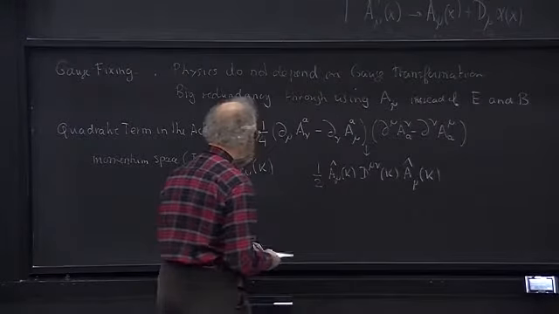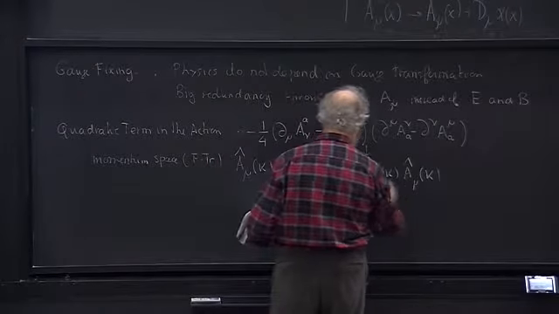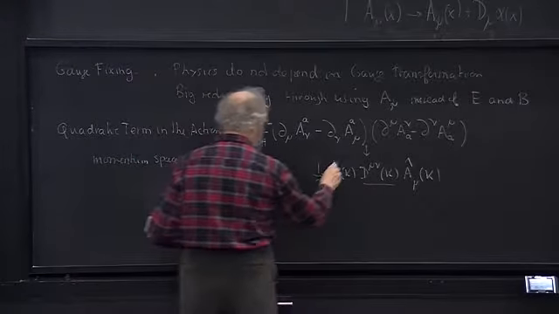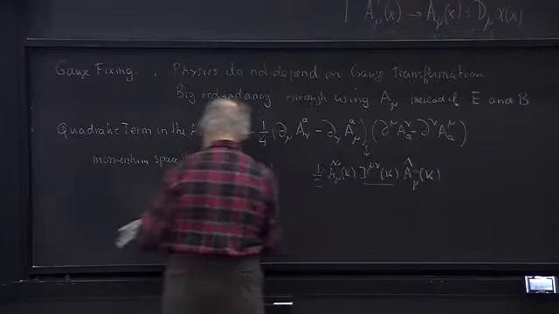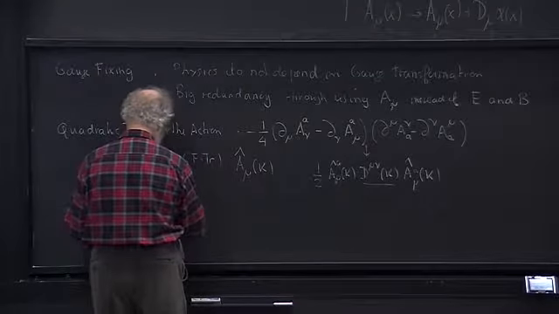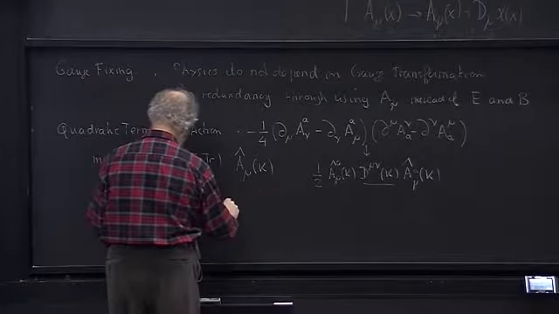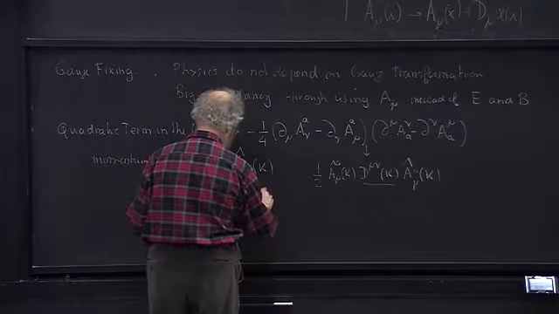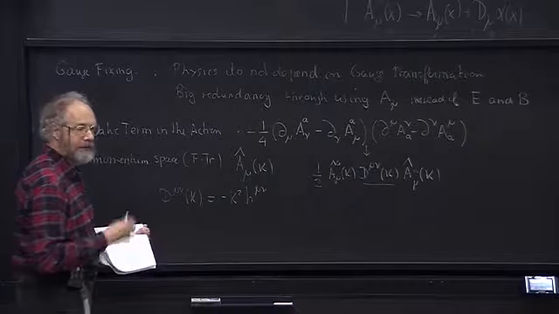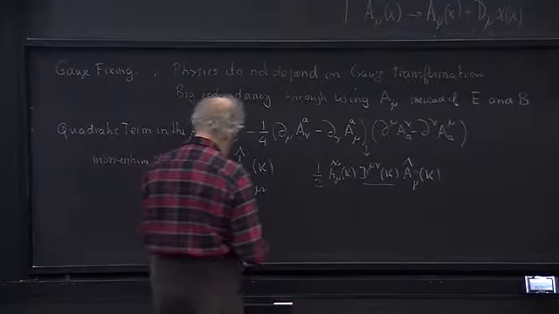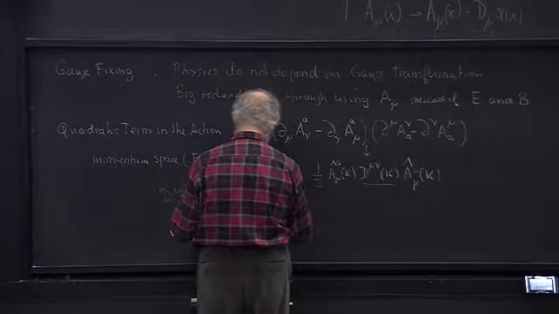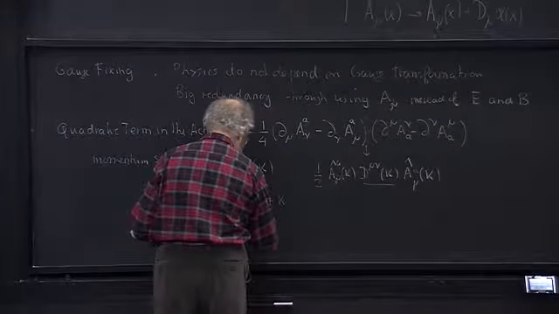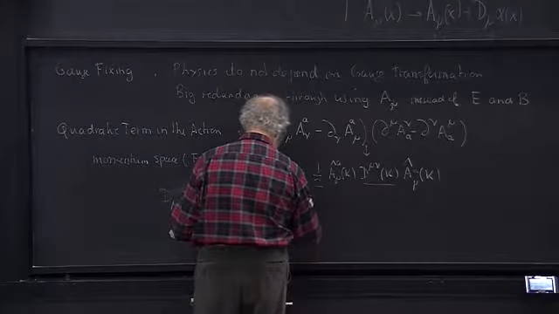So there is a diagonal quadratic form, which is the same thing as in Maxwell. And D mu nu of k is just minus k squared times eta mu nu, the Minkowski tensor for space-time, plus, of course, k mu k nu.